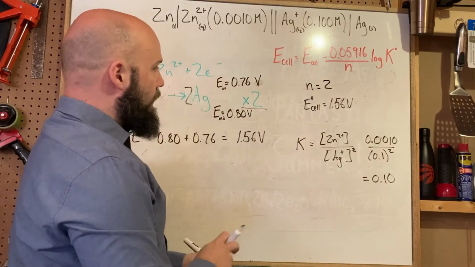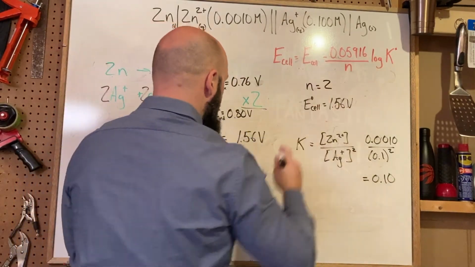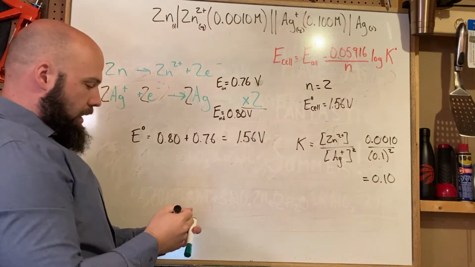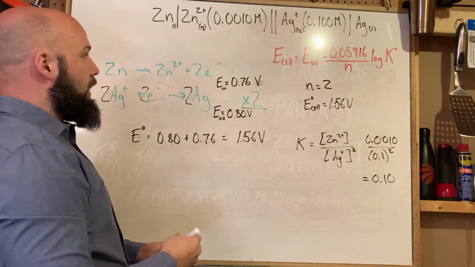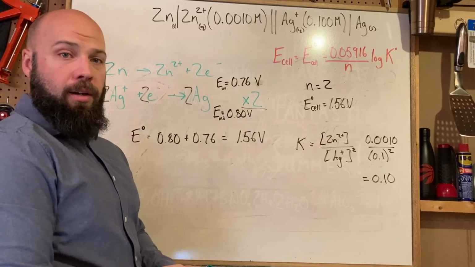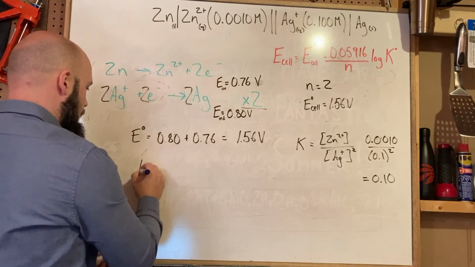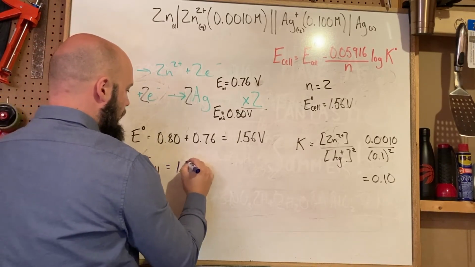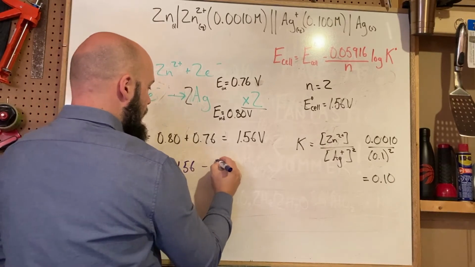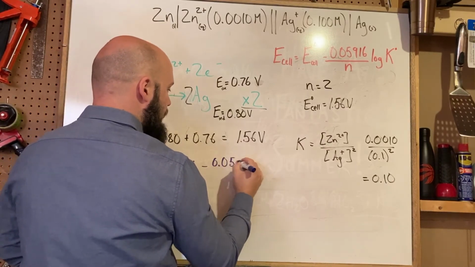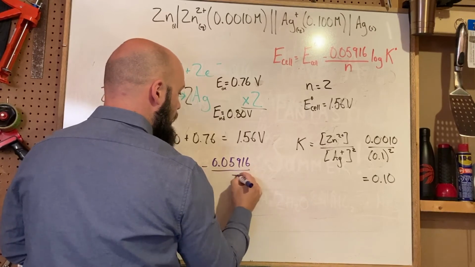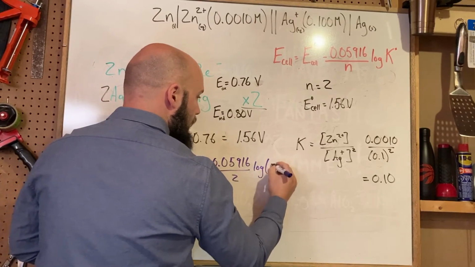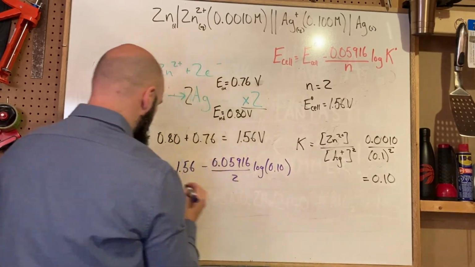We now have the 3 variables to plug into our Nernst equation, which will give us the cell potential under non-standard conditions. Just the cell potential is what we'll label it. That'll be 1.56 minus 0.05916 over 2 log 0.10.